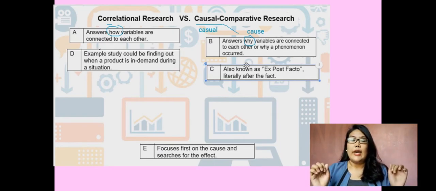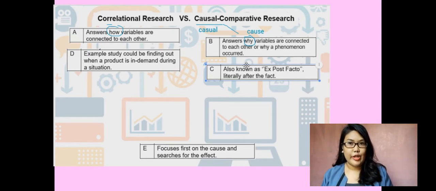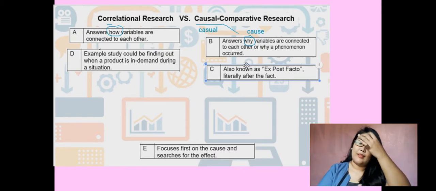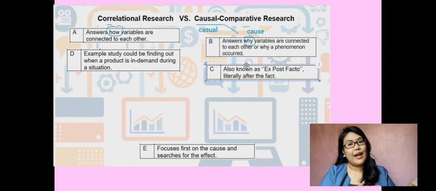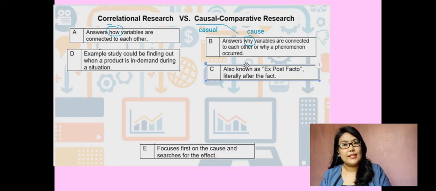What else? This is more of discovery. Again, discovering the phenomena already happened, why it happened, backtracking. Yes, backtracking. Okay, so after nangyari yun, after the fact, now, what happens now after it?